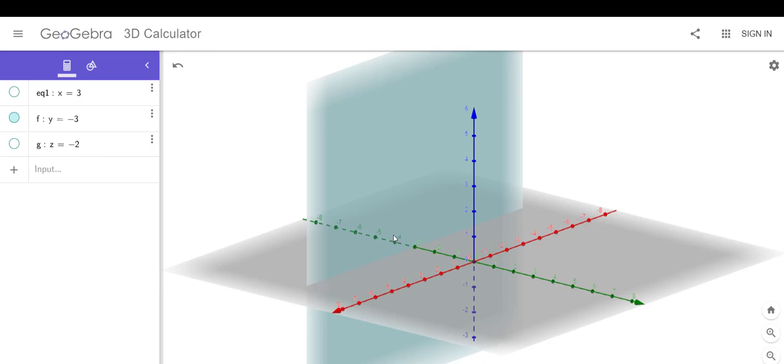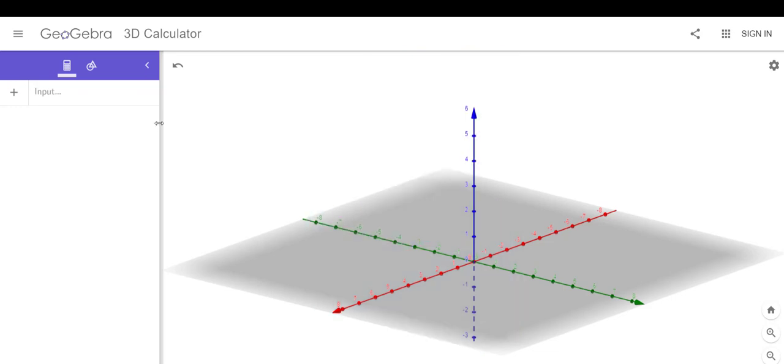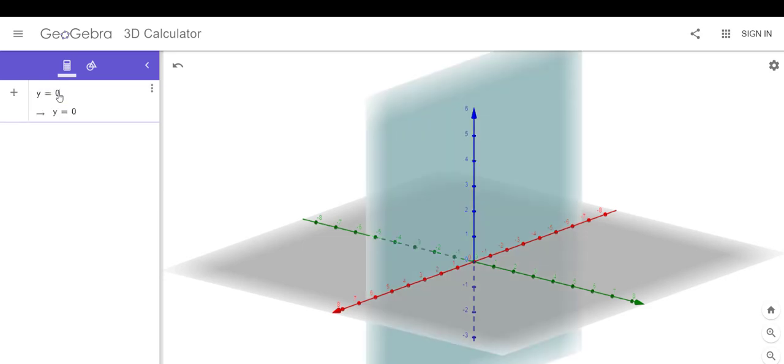So my list of questions that I have for my students, I ask about what's called the XZ plane. Well, the XZ plane is where we have the x-axis and the z-axis, and the y-axis meets it right there, and it happens to be the place where all the y values are 0.